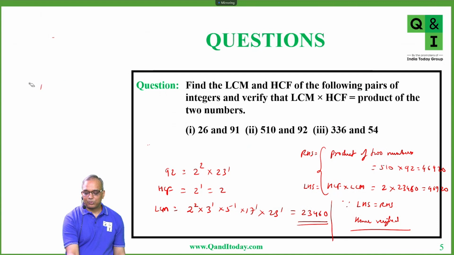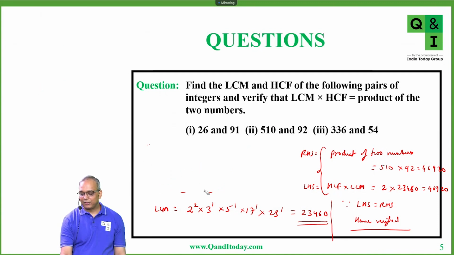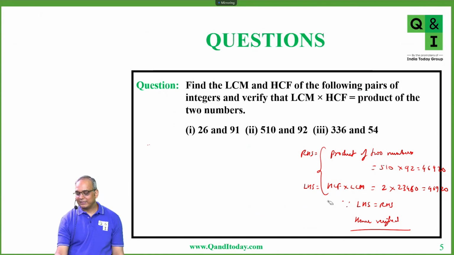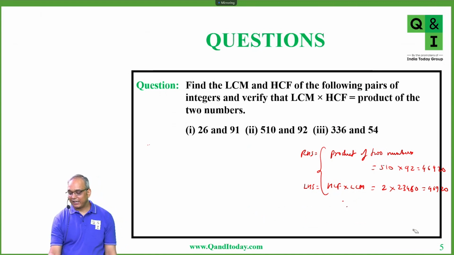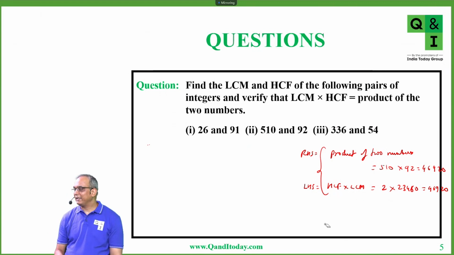So you have to find the HCF of the third part and also the LCM, and then you have to verify as well. So first find the HCF of 336 and 54, and then the LCM.